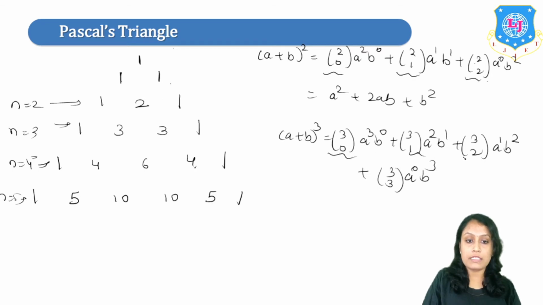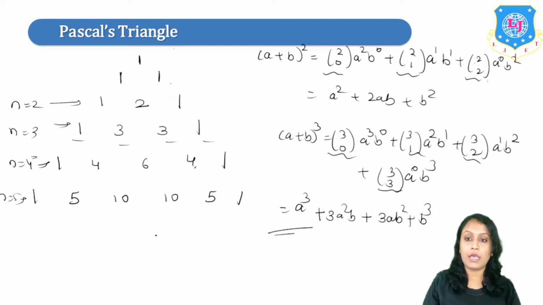Again all these 4 answers we will write from this: 1, 3, 3 and 1. So this is 1, so it will give you a³, plus the second answer is 3, so 3a²b, third answer is 3, so 3ab², and at last we have 1, so b³. So this is the formula for (a + b)³.